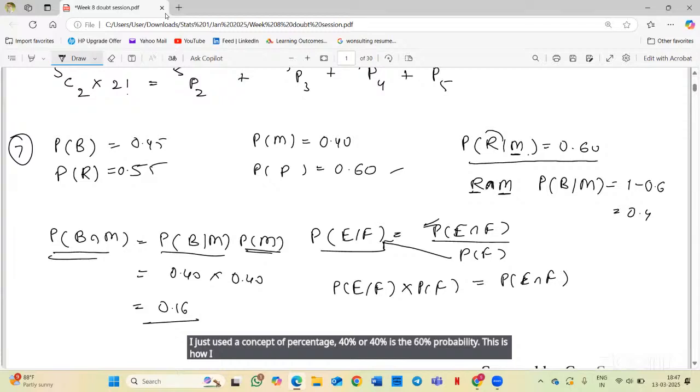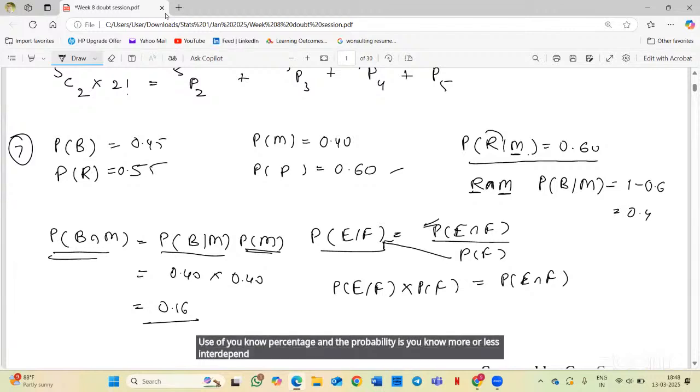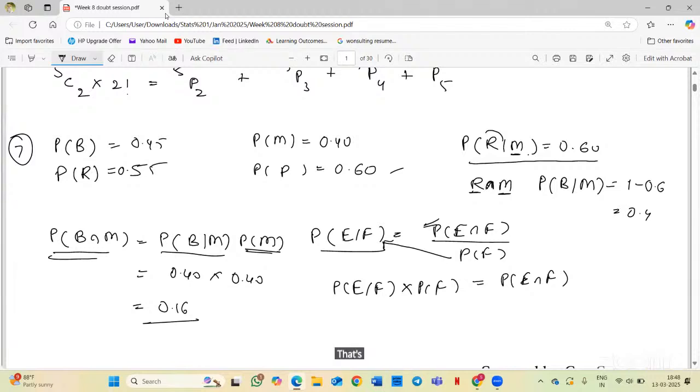But I find the way you frame the sentence difficult. Probably I lack practice, but I was able to solve it just because of percentages, and probability and percentage are more or less interdependent. So my problem is the sentence framing. See, everybody has a different approach. They have different thinking to solve the question, right?